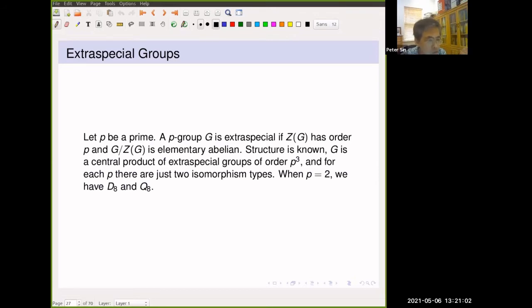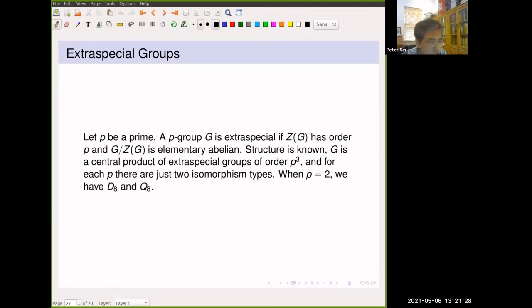Every extra special group is a central product of extra special groups of order P cubed, and it turns out that for each prime P there are just 2 isomorphism types of extra special groups for any given order. There are many possible orders, but for each order there are 2 isomorphism types.